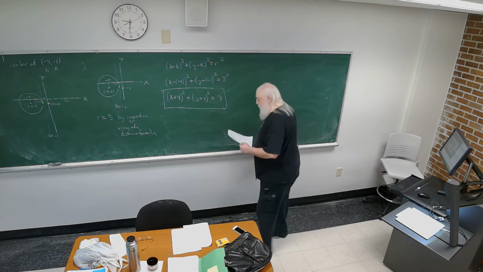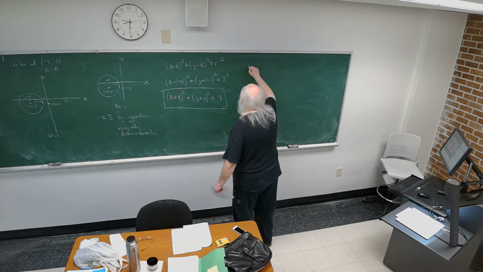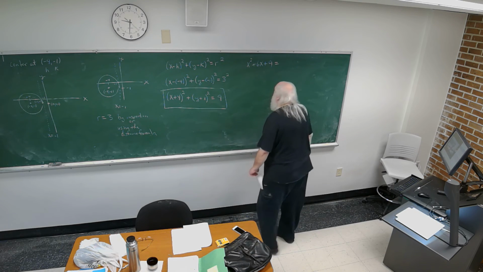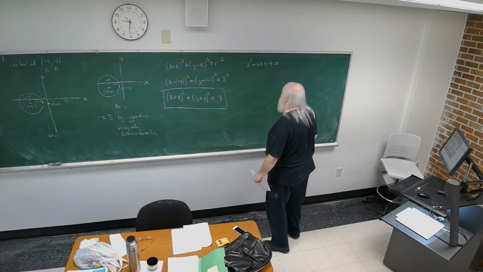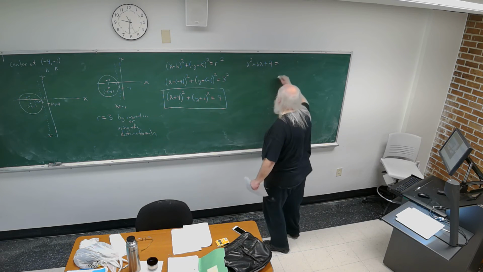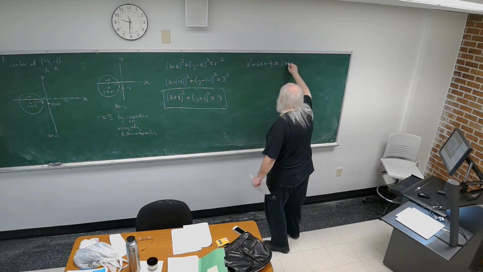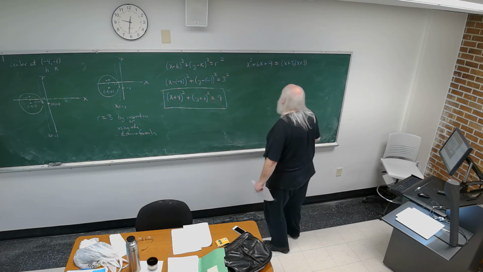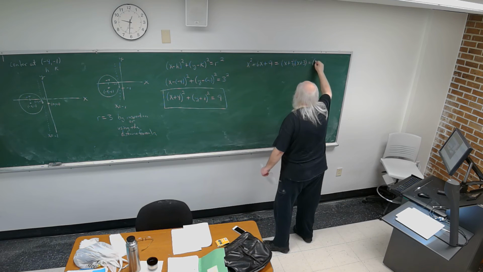So if I have the trinomial, and I'm making this up off the top of my head, x squared plus 6x plus 9. That factors into (x plus 3) times (x plus 3), which can be written as (x plus 3) squared.